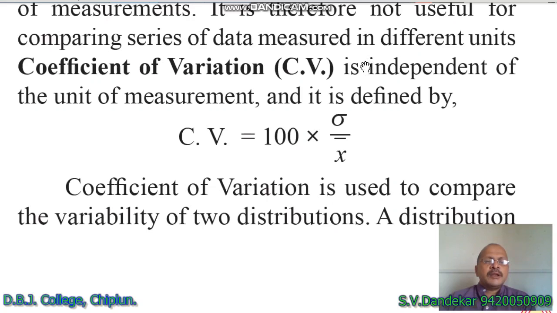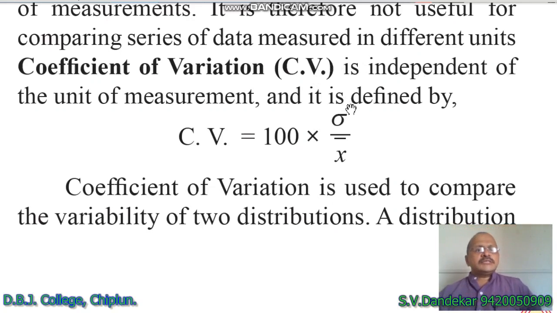For example, if the first data gives the height of the students in feet and inches, and the second data gives the heights in centimeters, then to compare these two data we always need the relation between feet and centimeter, and always we have to convert them.